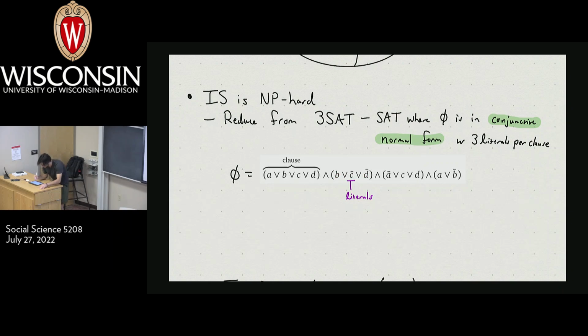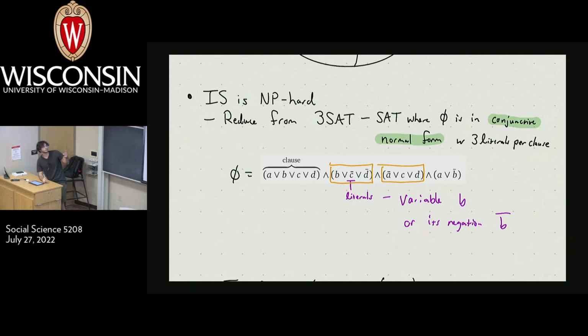And a literal is either a variable, like b, or its negation, like negative b, or not b. That's what a literal is. And now for a 3-SAT formula, each clause has to have 3 things in it.